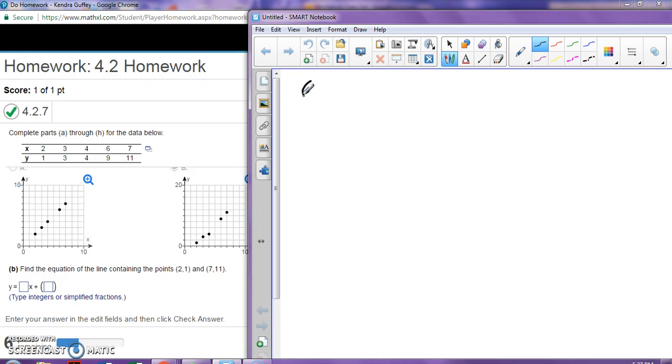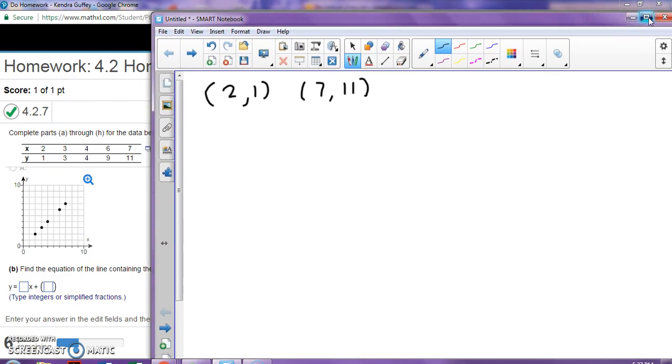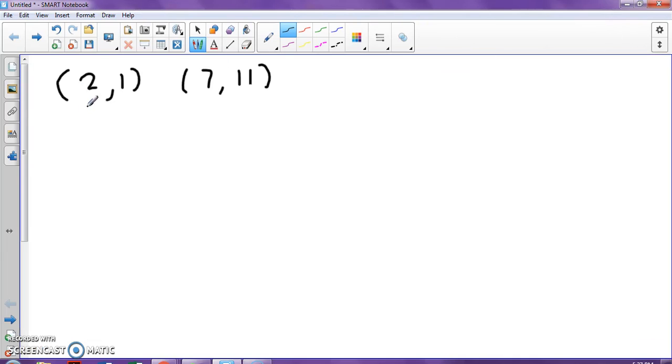So I'm just going to write my points down. And there's several different ways to do this. Right, so I'm going to label my points x1, y1. The first ordered pair is x, and the second ordered part of the pair is y. So x1, y1, and then x2, y2.